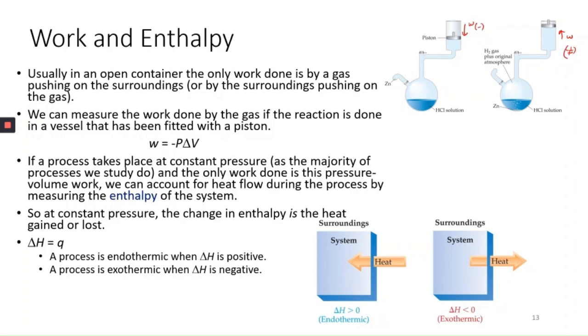So you can measure the work done by the gas if you can measure the change in the volume. So your work would be negative the pressure times the change in volume.